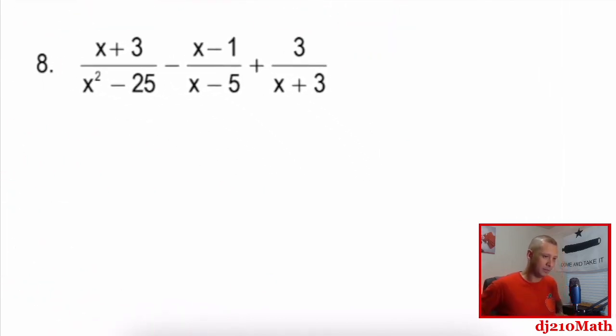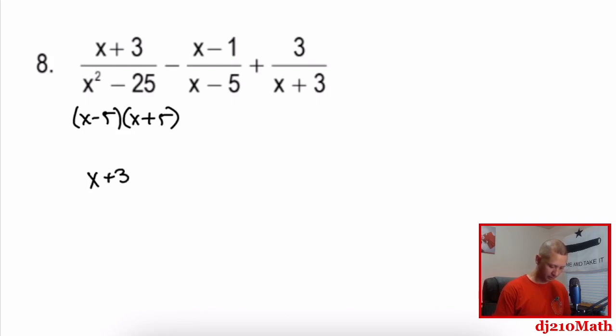Okay, we got 3 things. First thing I notice, difference of squares. x minus 5, x plus 5. Okay, so since there's 3 terms, x plus 3, x minus 5, x plus 5, this is going to have to get multiplied by something.